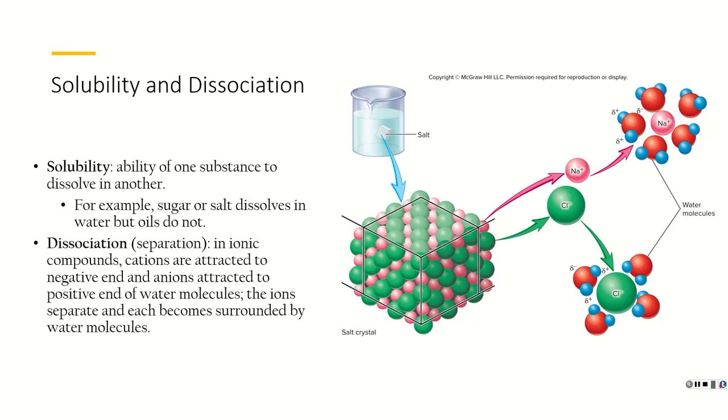Because technically ionic bonds dissolve in water, but if the bond is so strong in the ionic molecule, it's going to be really hard to dissociate or separate those atoms in the ionic bond for them to dissolve into the water, right, and become separated and surrounded by water molecules.